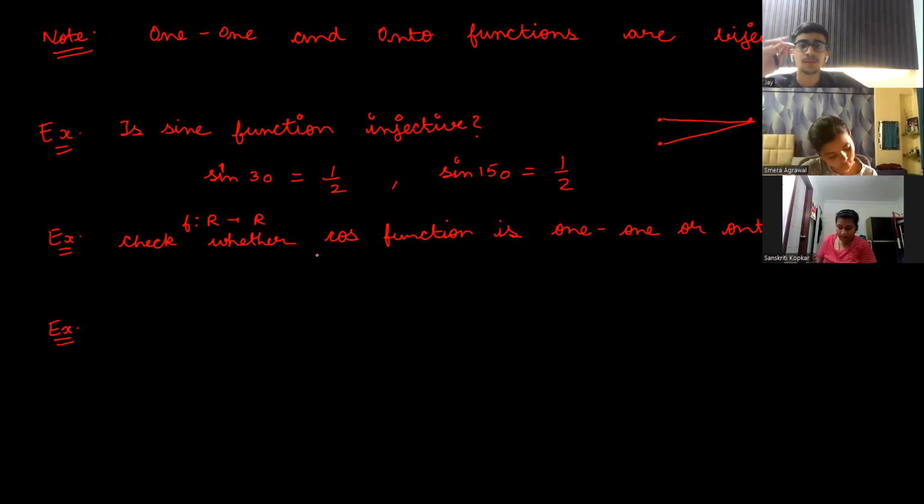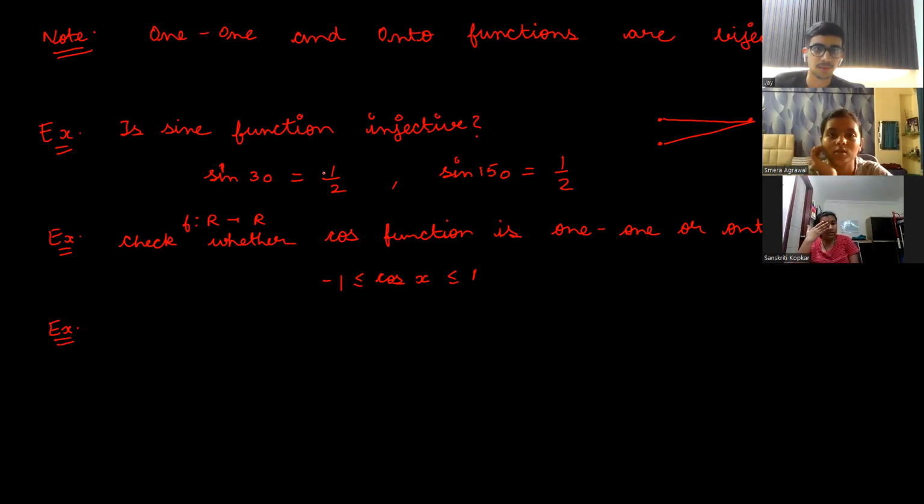Is cos 1 1? It's not 1 1, because it's the same example as sine. What about onto? Onto means that no element in B should be left empty. Do you know that the value of cos is always between -1 and 1? For any value of x, cos x will be between 1 and -1.